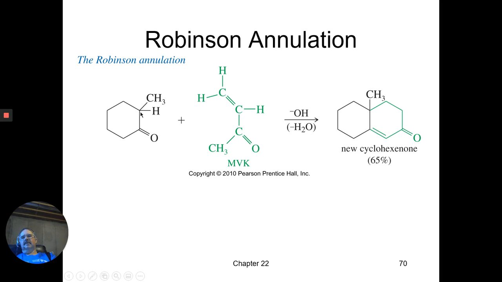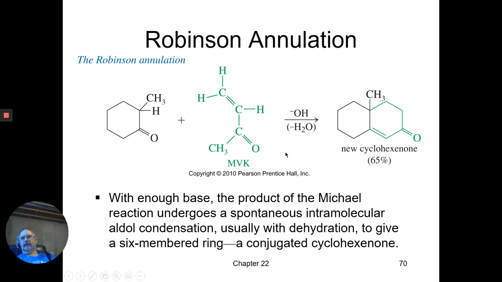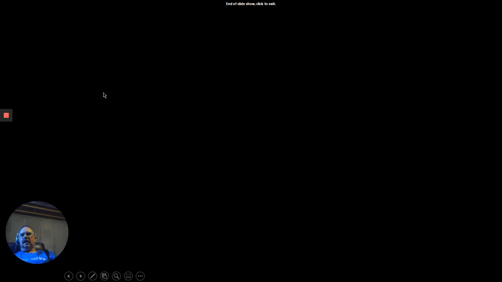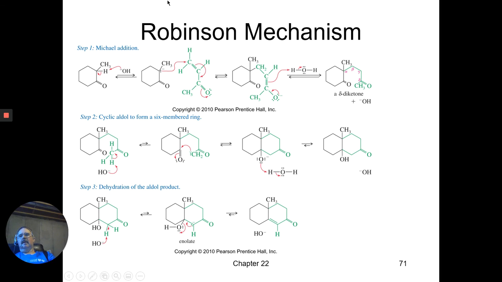So 2-methyl cyclohexanone forms this new cyclohexanone with methylvinyl ketone. The first step is that hydroxide removes this hydrogen. The more substituted alkene is favored. This is an equilibrium.